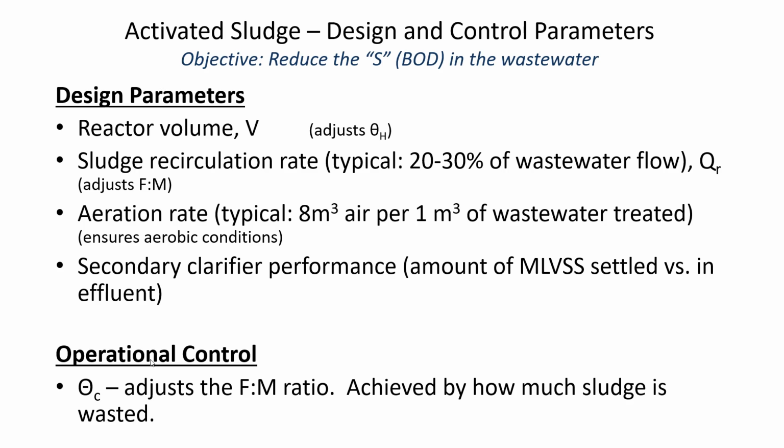And then once it's built, one of the biggest levers that the operators have to pull to change the performance once the system's already been built is they can change how long the cells, how long the volatile suspended solids, spend in the system by adjusting how much sludge is wasted versus how much is recirculated.